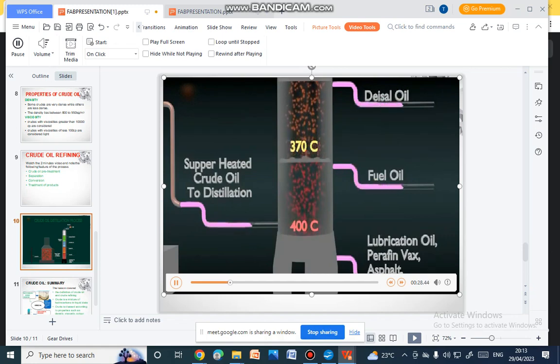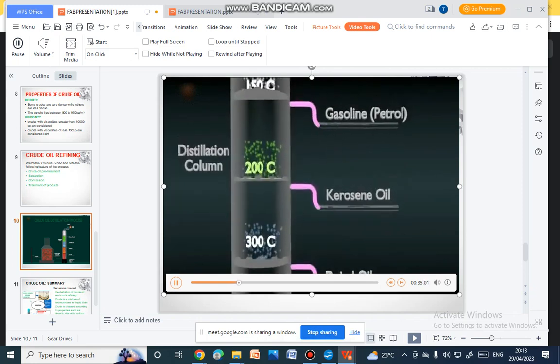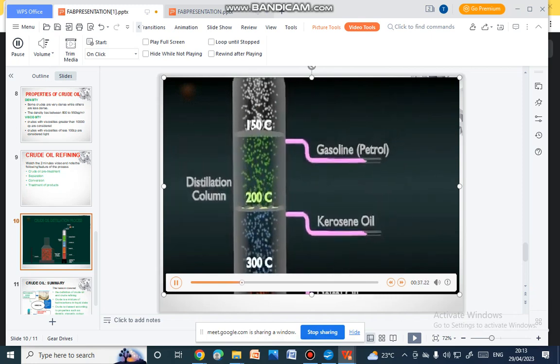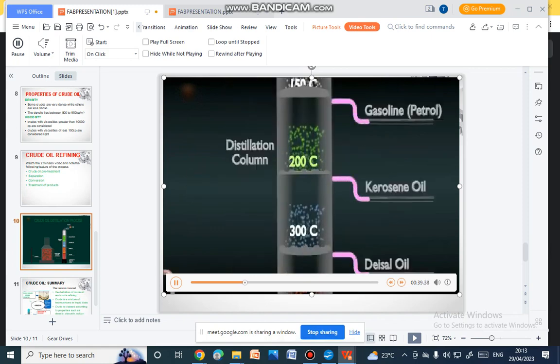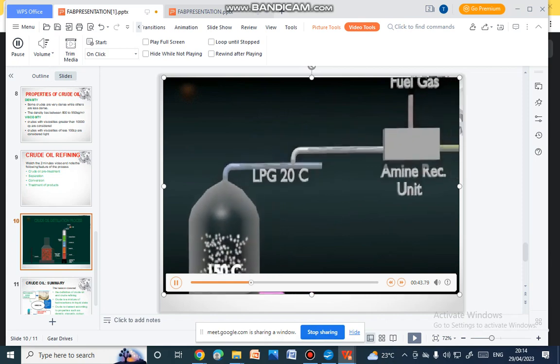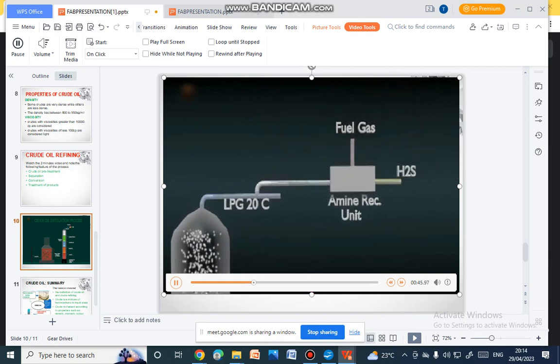Components that are still liquid at this elevated temperature become the tower's bottom product. Components that are in vapor form rise up the tower through a series of distillation stages. The temperature decreases as the vapors rise through the tower and the components condense.